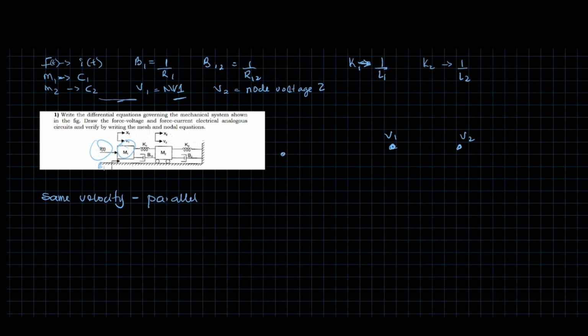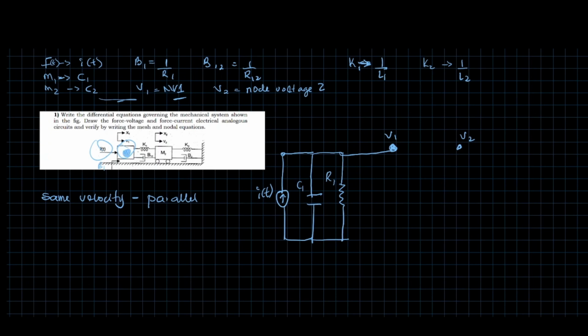It's going to be current I(t) in parallel with the M1, which is now capacitor C1, in parallel with the damper B1, which is now R1. And then it's going to connect to this node, the first node. So the first node is basically mass one, and all of this is at that mass one.